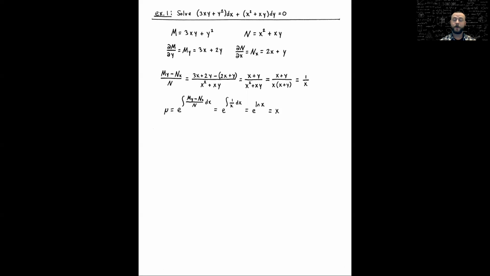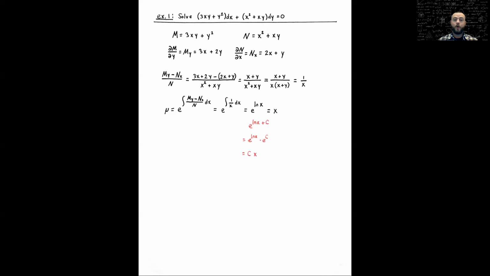Okay, so far we have our integrating factor, mu, which is just x. So we take our integrating factor, mu equals x. We go back to our original differential equation at the top there. We're going to multiply the whole thing by x.